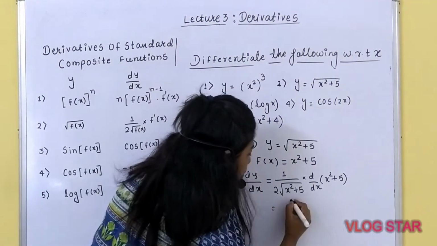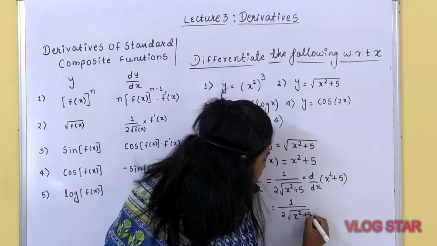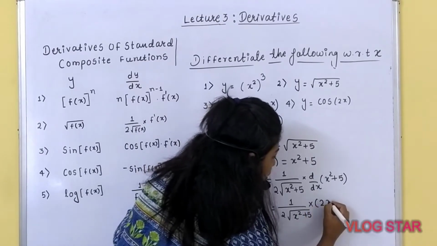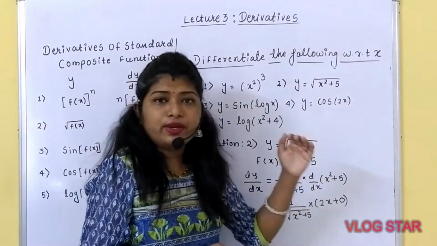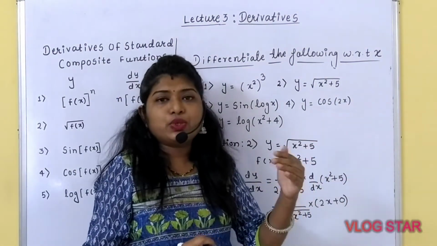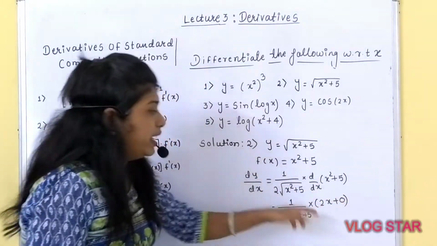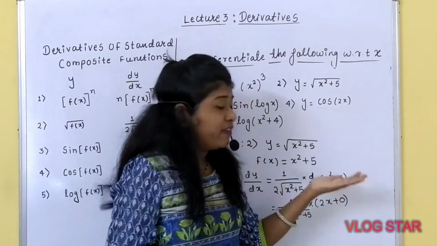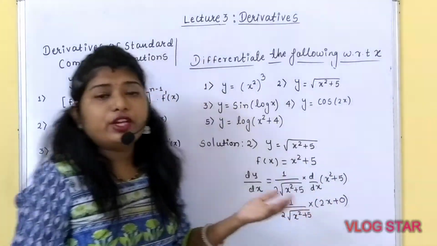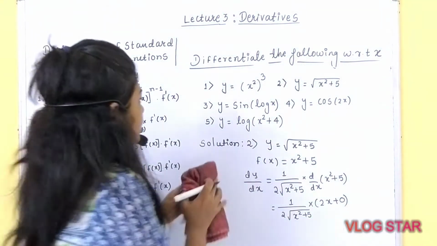Can I write 1 upon 2 under root of x square plus 5 into 2x plus 0. As you know, the derivative of x raised to n is n into x raised to n minus 1. After applying that, you will get 2x plus the derivative of 5, and as 5 is a constant term, the derivative of 5 is equal to 0. I hope you have understood solution number 2.